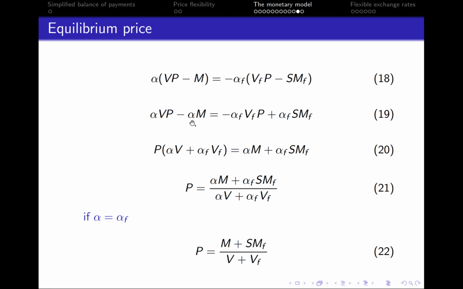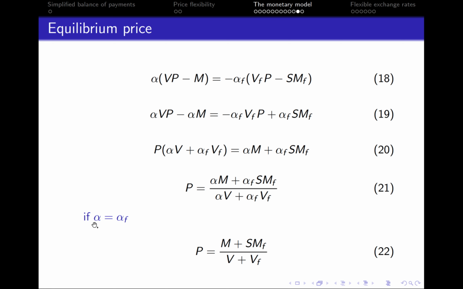After a couple of very simple algebraic manipulations, we can get the equilibrium price. And look, we see that the distribution of money here between the two countries strongly depends on the parameters alpha, so the coefficients of adjustment.